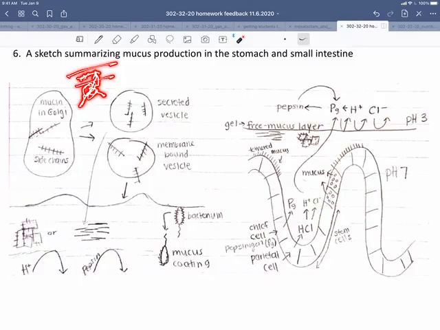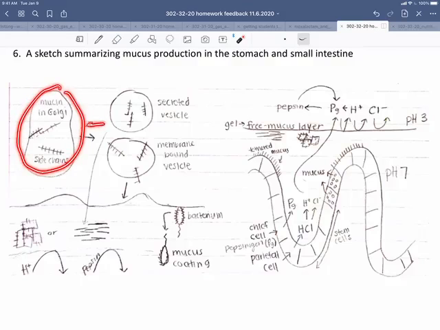The protein goes into the endoplasmic reticulum. It's then moved through the endoplasmic reticulum to the Golgi apparatus, and then vesicles from there are secreted.